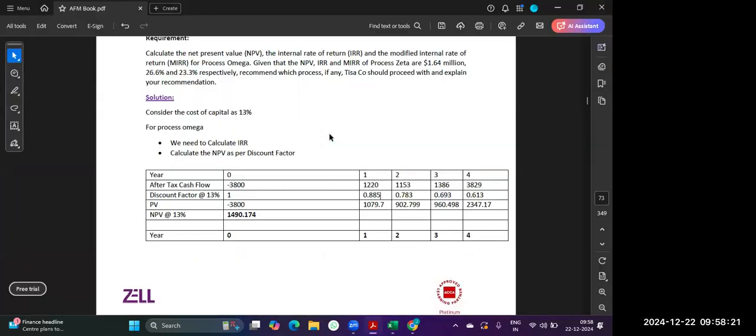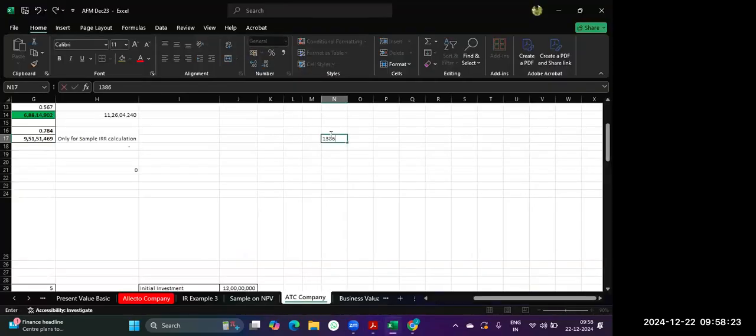No, 948, 960 is a different number. In Excel, you get 960. Check your formula. Have you taken 0.693 or have you taken 0.39639? 0.693. No, not possible.